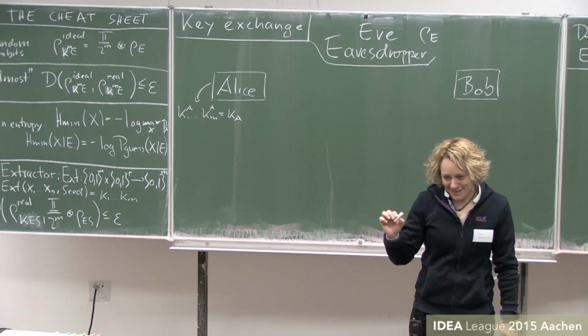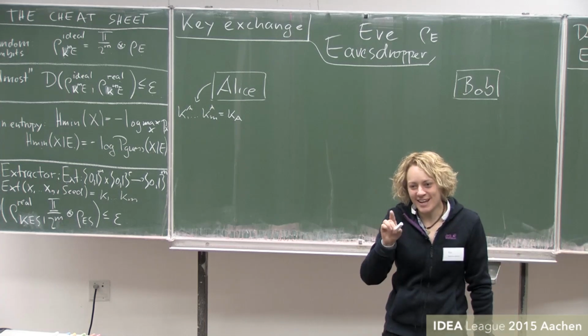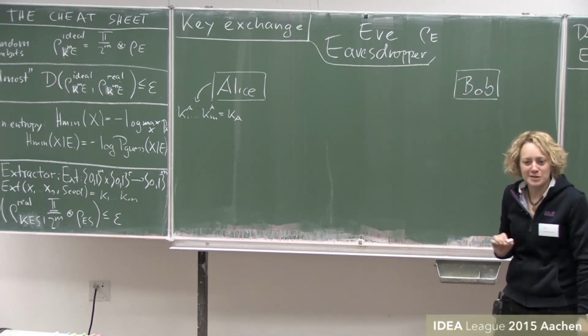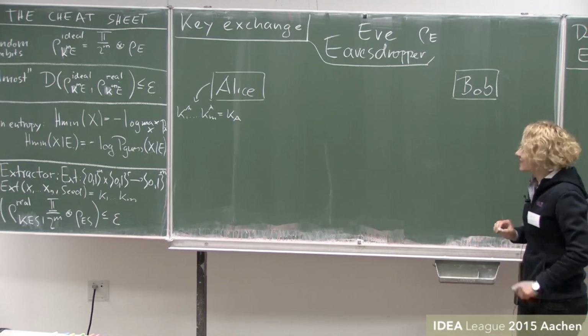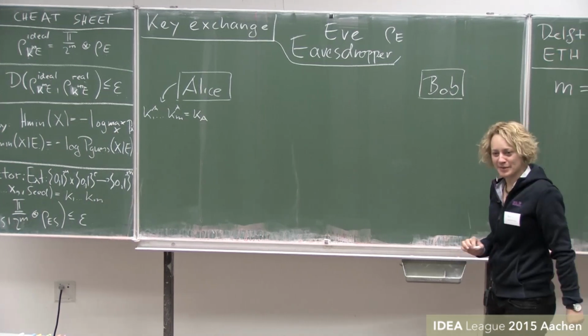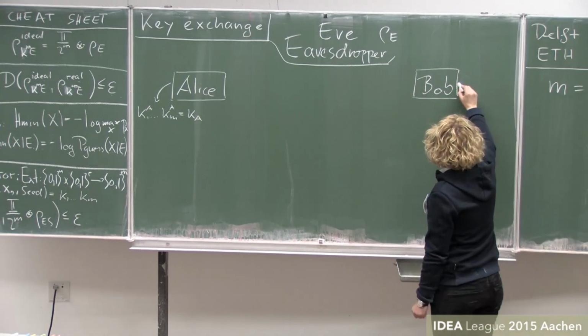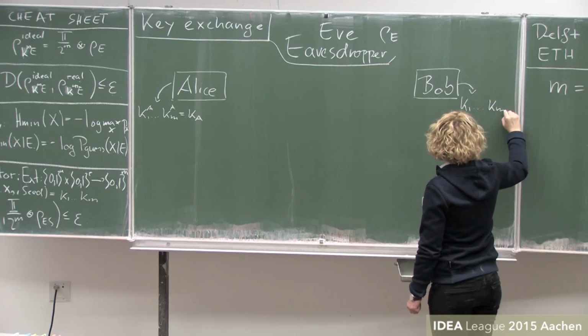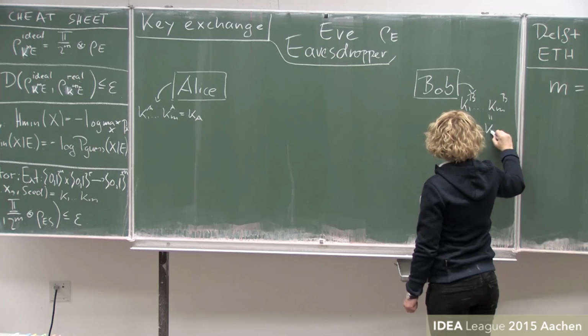So today we'll make this slightly more complicated because I don't just want Alice to produce some random numbers that Eve is ignorant about, but I want that in fact we can produce the same random numbers at two places. Okay? So our objective will be to create some key bits for Bob, call this KB.